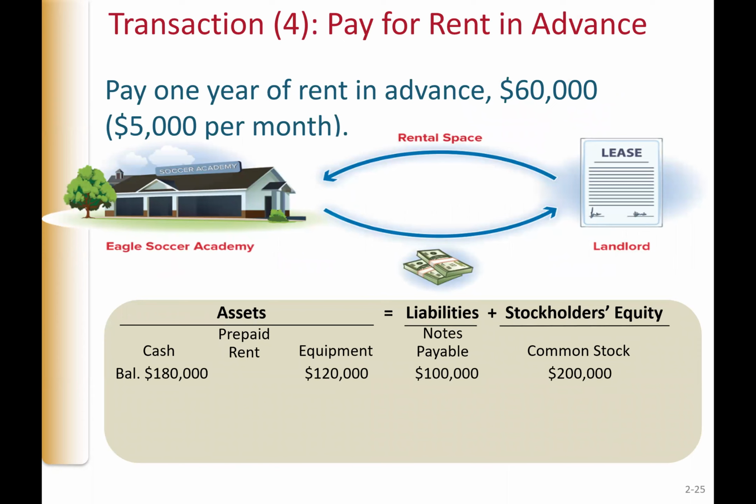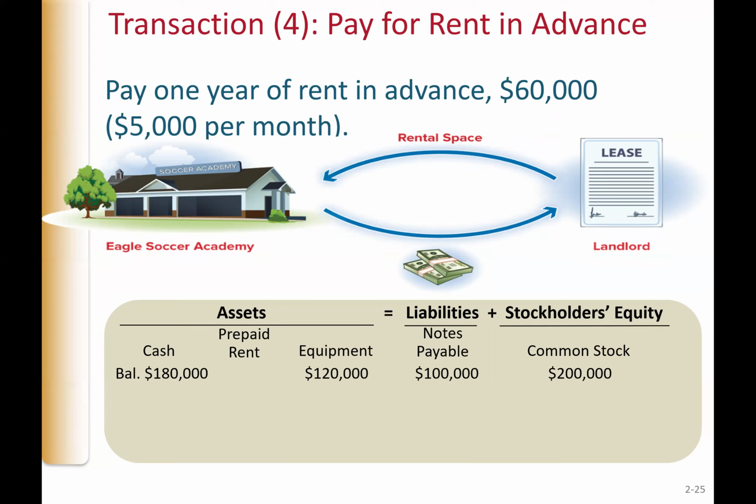Now, this is something new to you guys, so I don't expect you to understand this. We're going to talk about a new account called prepaid rent. Prepaid rent is when you pay rent in advance. Usually you pay rent each month. Say you're renting a home. You pay $1,000 a month rent because you're using this home. You don't own it, you're using it.